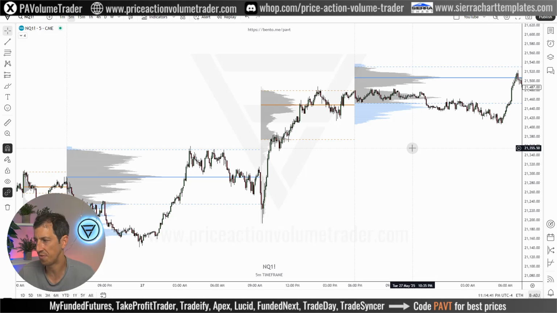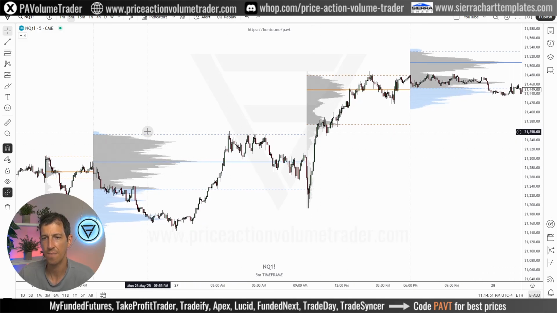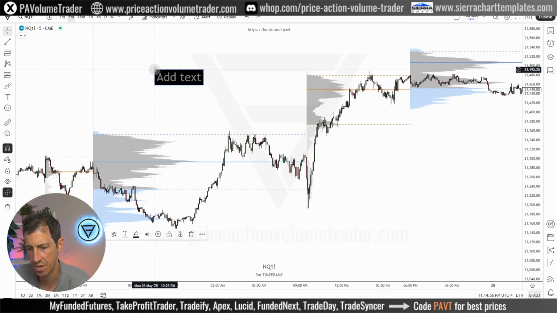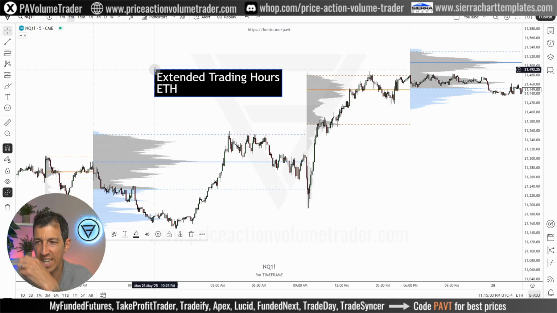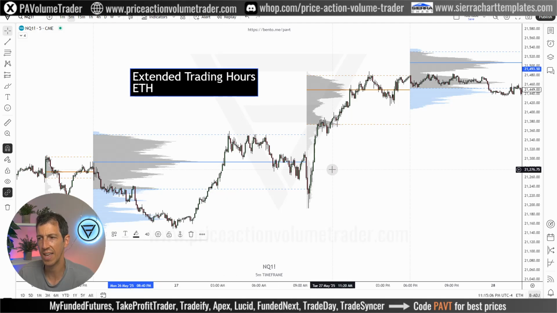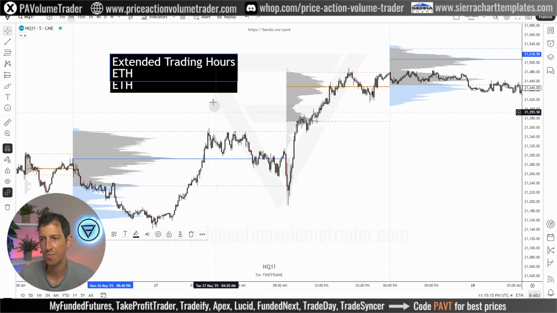Okay. Now, when it comes to futures, and this is the main market I trade, the day is clearly defined into 2 different sessions. We have the extended trading hours, sometimes we just call this ETH for short, and this goes from 6 p.m. Eastern time until 9:30 a.m. Eastern time when the next session opens.